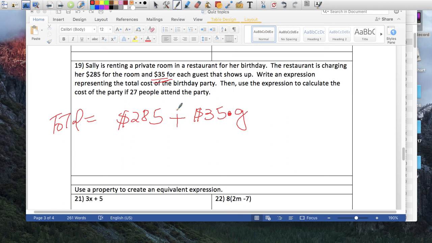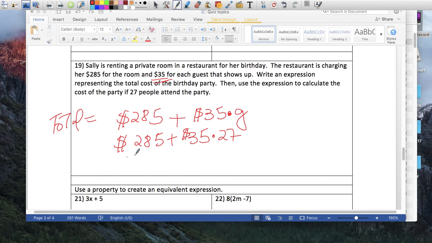Now it says 27 people are coming to the party. So let's calculate. You're going to do 285, and then $35 times the number of guests, 27. Now you can use order of operations to solve this.